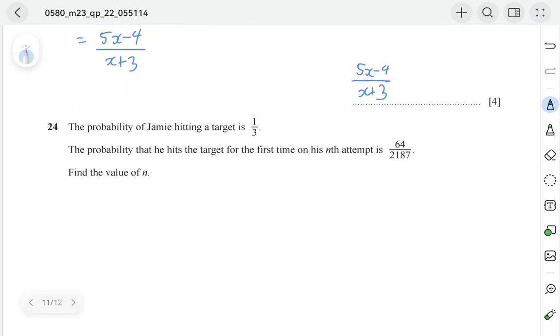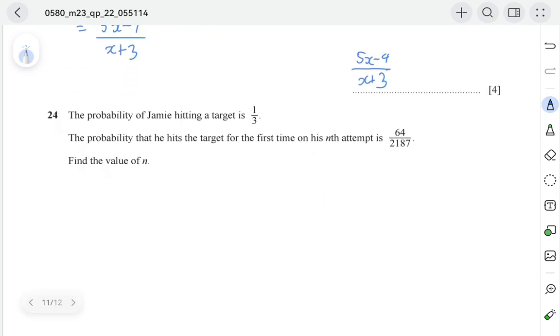Moving on to our next question, we have a probability question. We have a set probability of Jamie hitting a target, and we want to find when he hits a target for the first time. This is called geometric distribution.